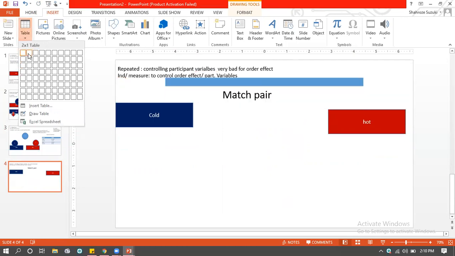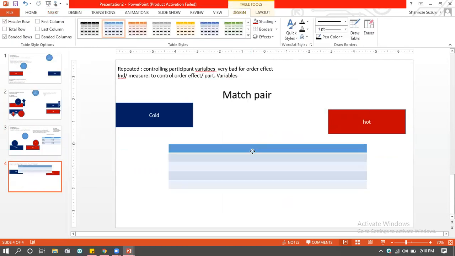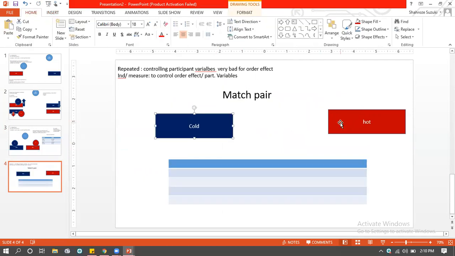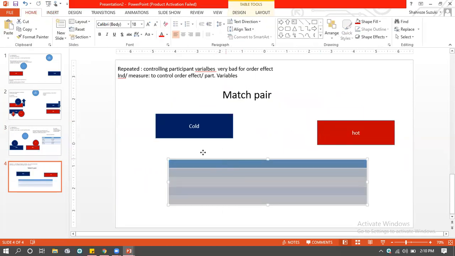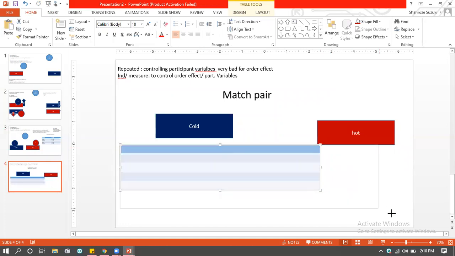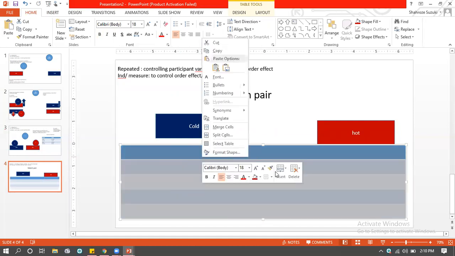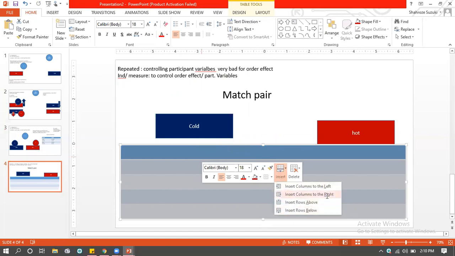So what we're gonna do is we have two groups, the cold condition and the hot condition. Now we're gonna do it the matched pair way, and you're going to see a significant difference of how matched pair is different from independent measures design and from repeated measures design.